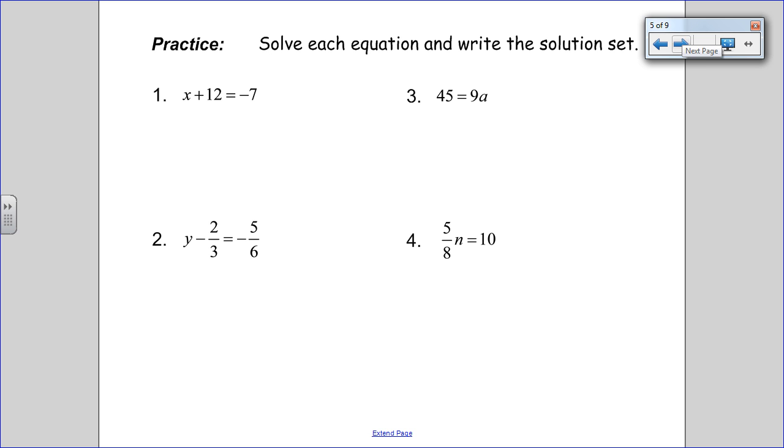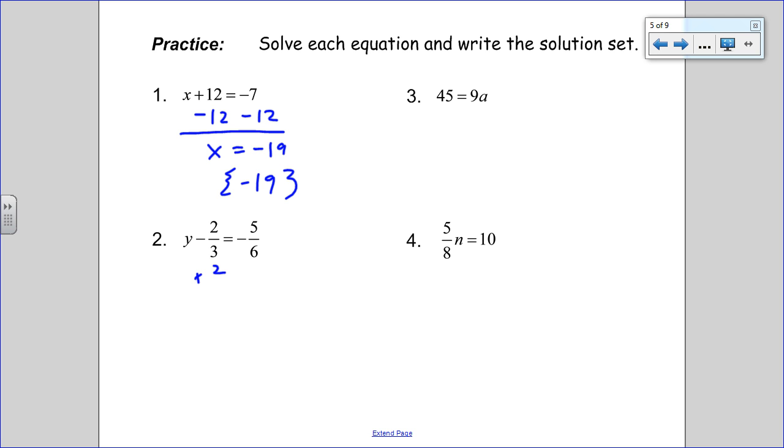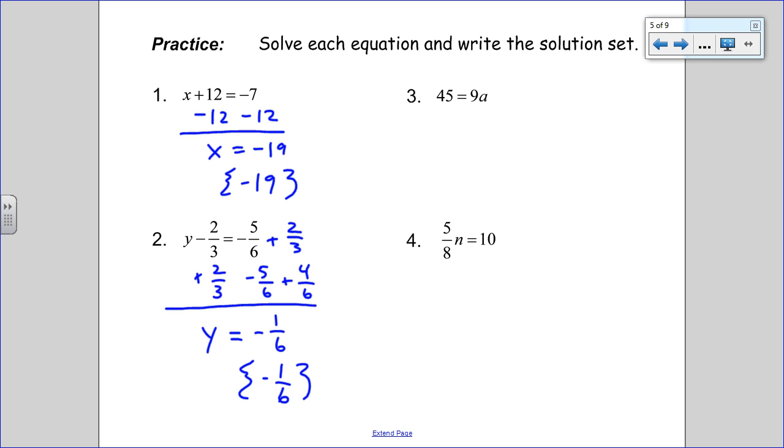In problem 1, we need to subtract 12 from both sides of the equation. The solution is negative 19. In problem 2, we need to add 2/3 on both sides of the equation. Find a common denominator. Perform the addition to find the solution, negative 1/6.